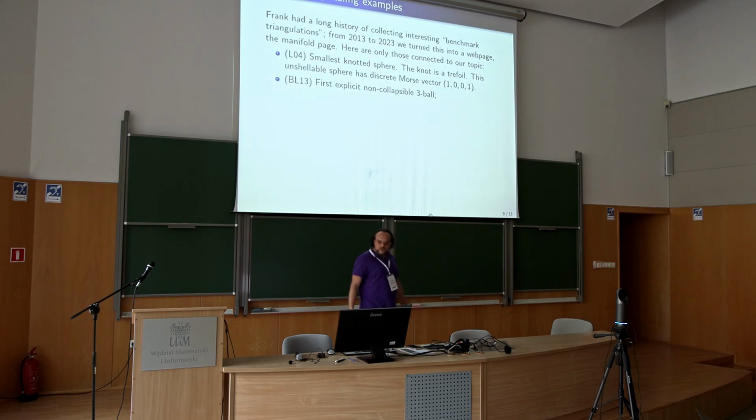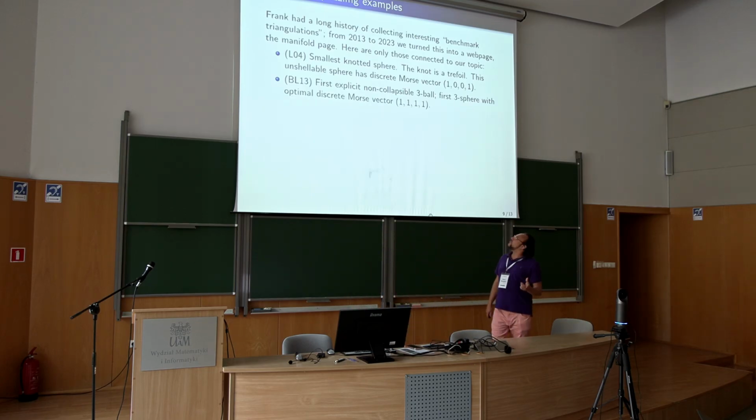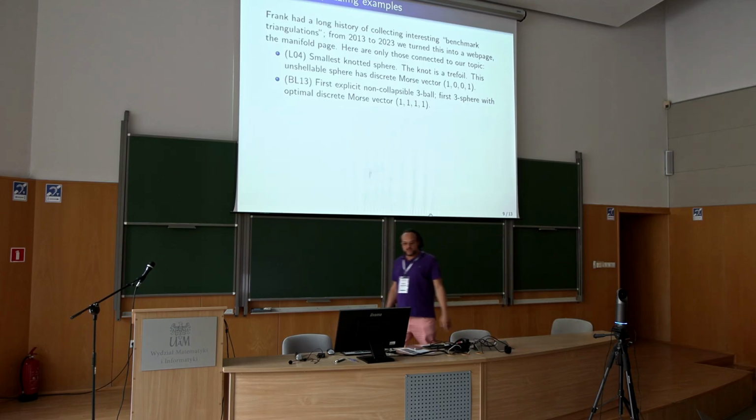I was a co-author. He gave the first example of a non-collapsible 3-ball, and also the first 3-sphere in which the best possible discrete Morse vector is not 1, 0, 0, 1, but 1, 1, 1, 1. In other words, if you take away a tetrahedron from this 3-sphere, you get a ball that is not collapsible.